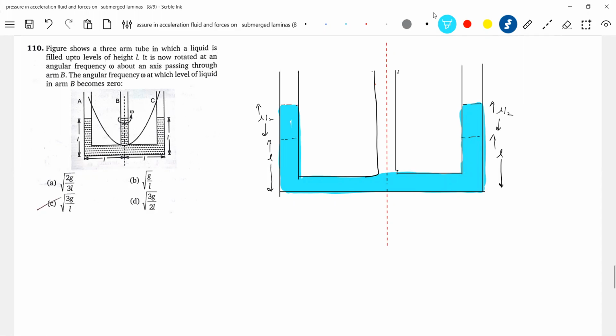We'll finish off soon because I have to start the force on submerged bodies.